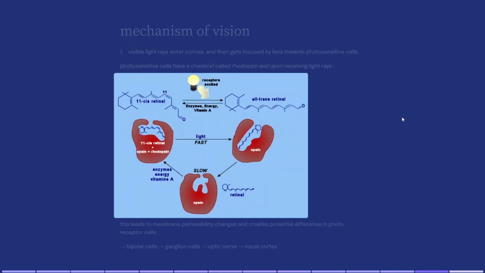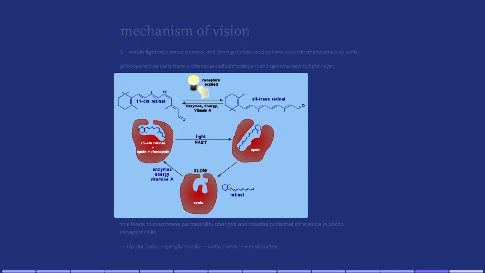Now what happens is that this rhodopsin breaks into two different structures. It breaks into opsin and retinol when it is activated. As you can see, this aldehyde of vitamin A is retinol and this protein is opsin. As light hits this rhodopsin, it breaks into retinol and opsin.